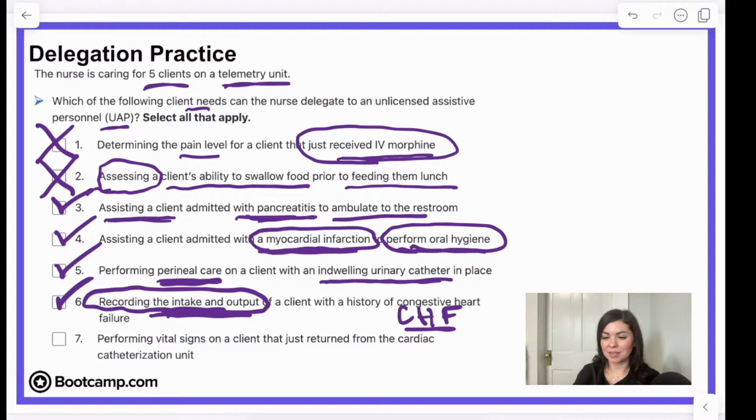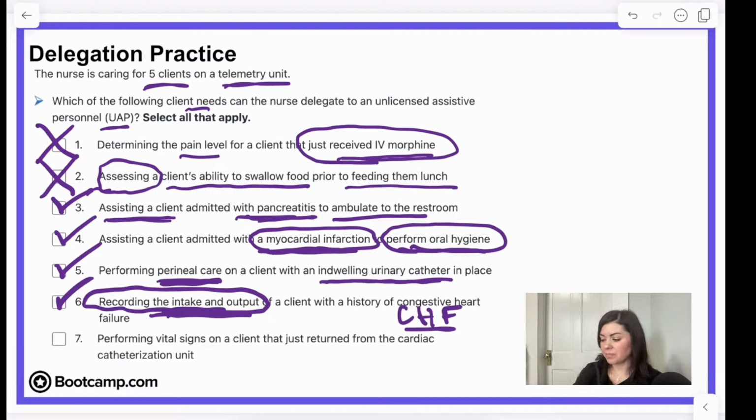What do we think? So that's going to be pulmonary edema, flash pulmonary edema, very dangerous. So if it said recording intake and output on a client with the history of CHF that has flash pulmonary edema, then that would be a no for delegation, okay?